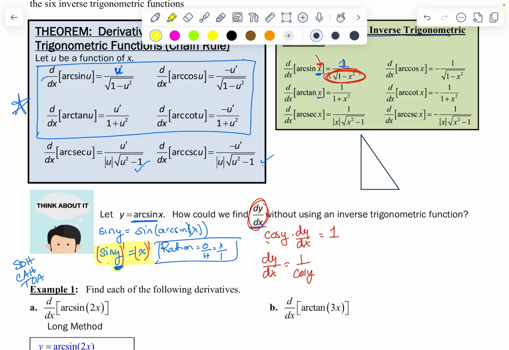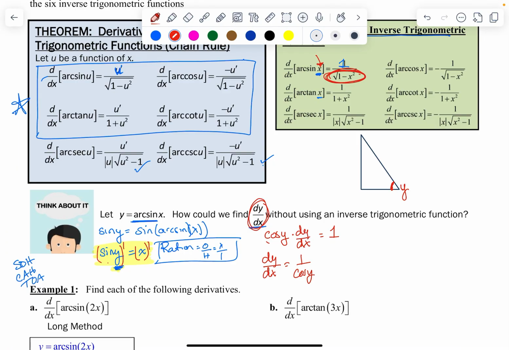And remember this y? Well, this y is going to be the angle of this triangle. And usually on the unit circle, right, the angle is made between the x and the hypotenuse. So this is angle y, we're going to call it.